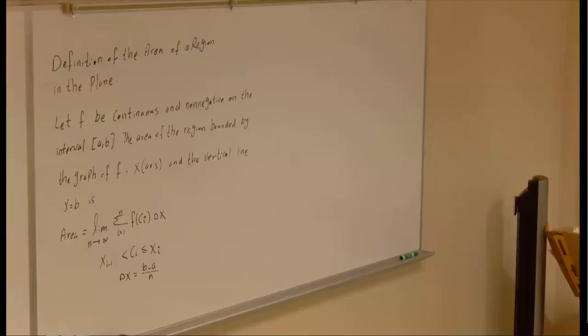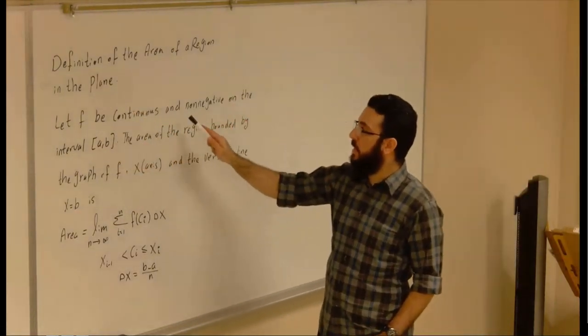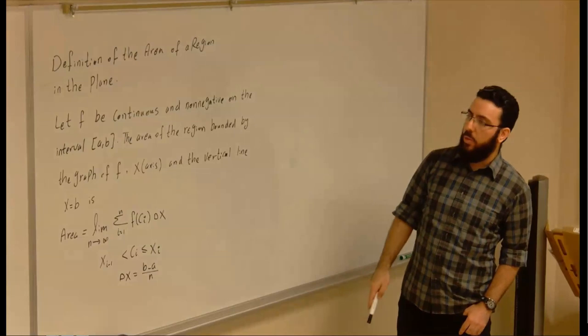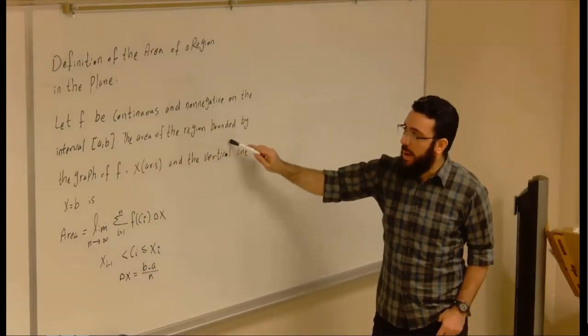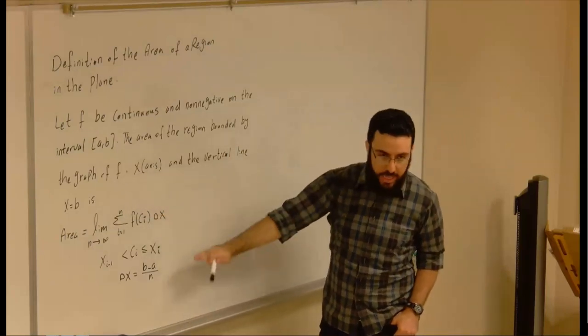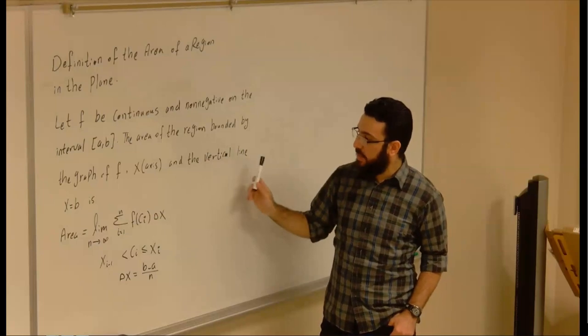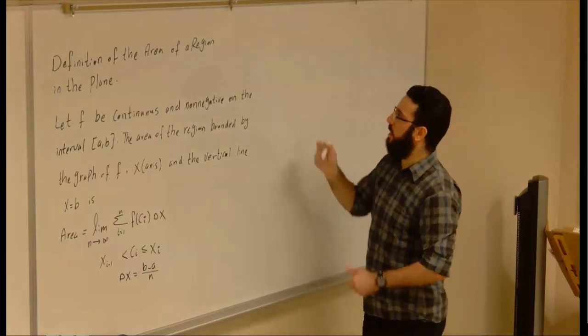I mentioned this definition, and that's what you're going to use from the first lecture on calculus. Definition of the area of the region in the plane: let f be continuous and non-negative on the interval [a, b]. The area of the region bounded by the graph of f, the x-axis and the vertical line, because you're going to find a certain region.